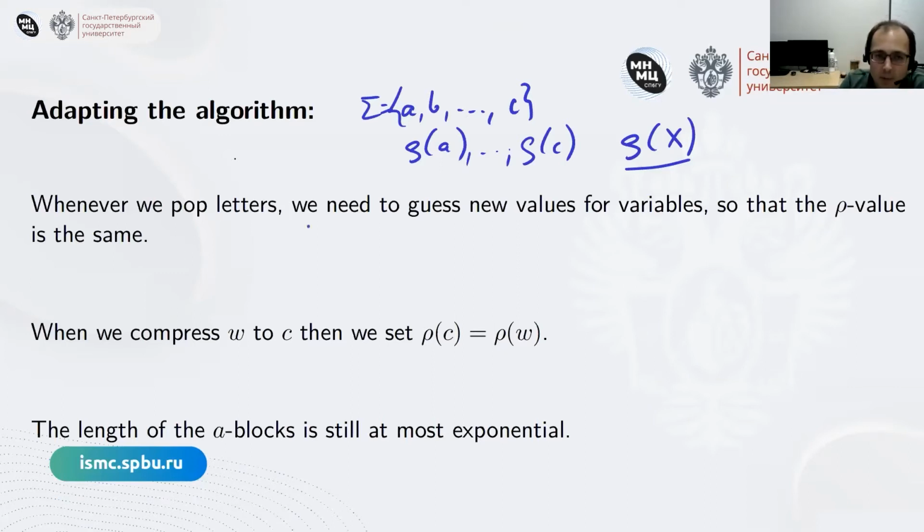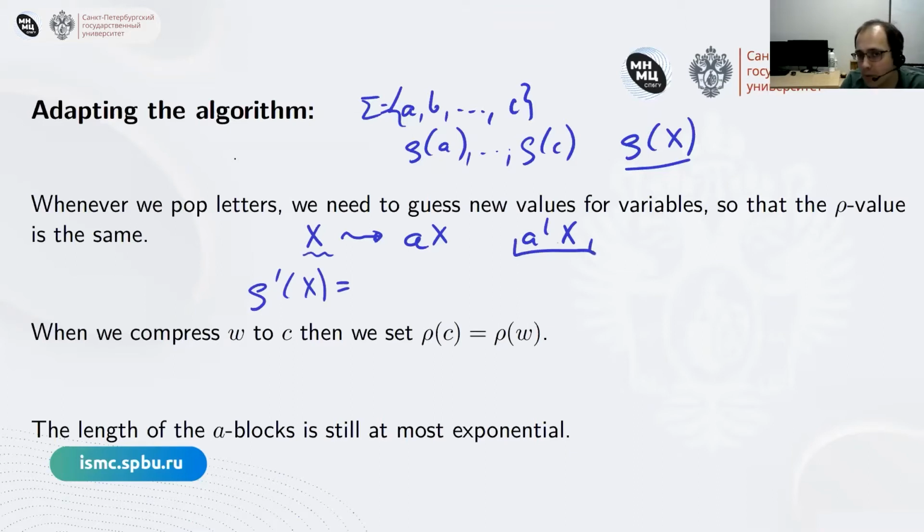So for instance, when we replace x by, say, a^l x, then we need to update the constraints, and we update them by guessing some new transition for x. So we guess the new transition for x such that this is still satisfied, so that the transition of this new a^l x is the same as the old transition for x, because we removed this a^l.